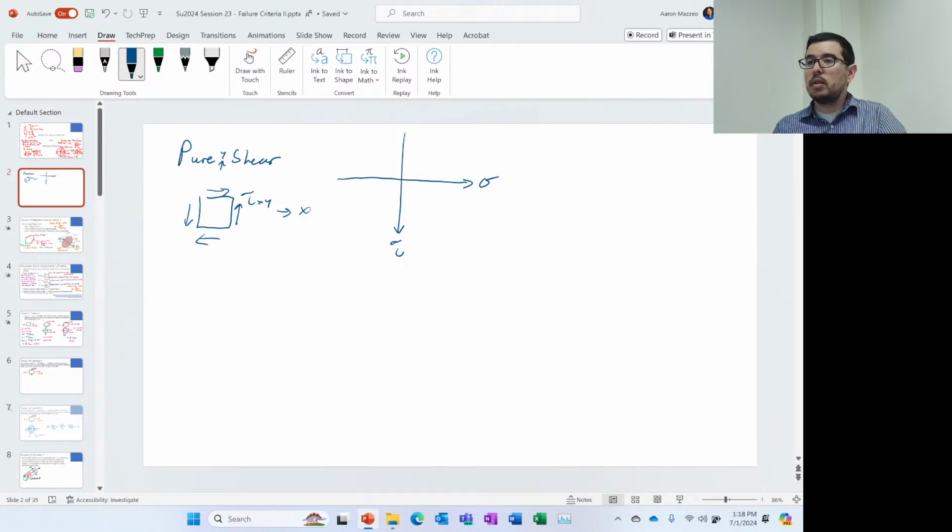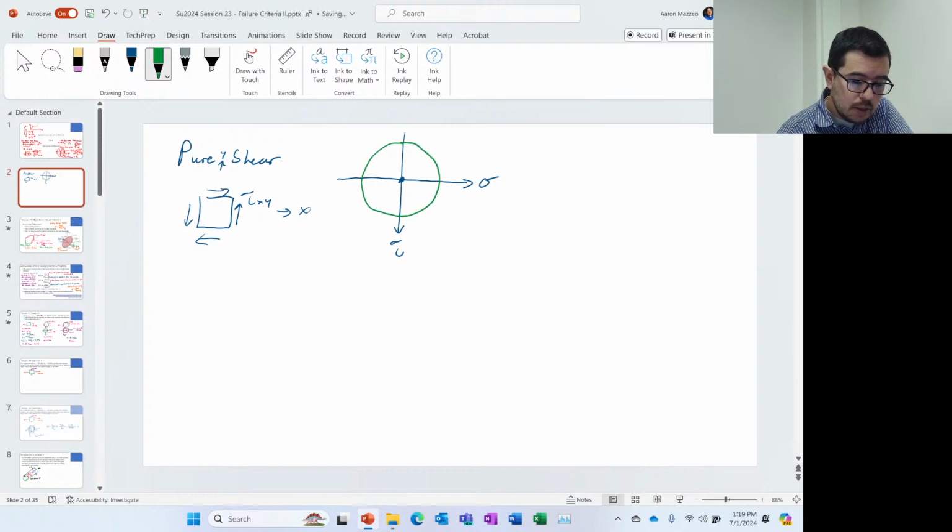It's a circle right in the middle, right? It has its center at the origin of the axes. The minimum and maximum of the circle are at the number that is the shear stress that you have. So in this case, this would be a circle that looks like this, and this is tau xy.